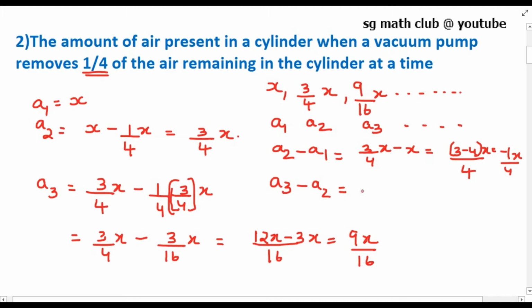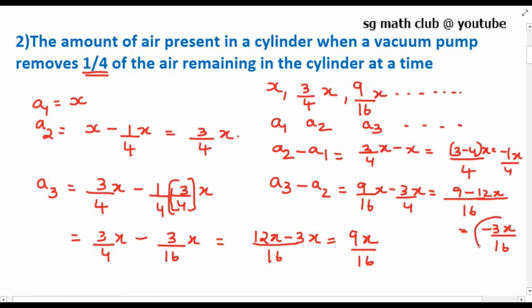Again, A3 minus A2 is 9 by 16 x minus 3 by 4 x. The LCM is 16. Again, 9 minus 12 x, which is equal to minus 3x by 16.